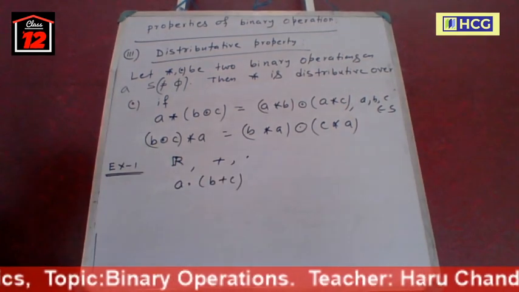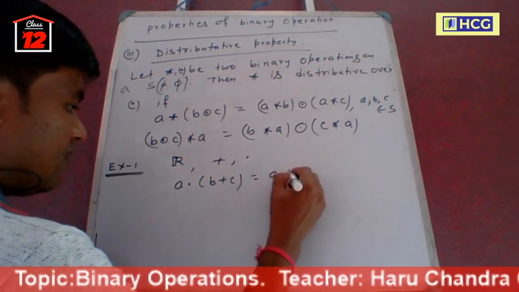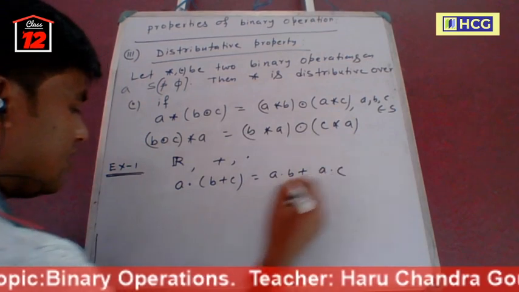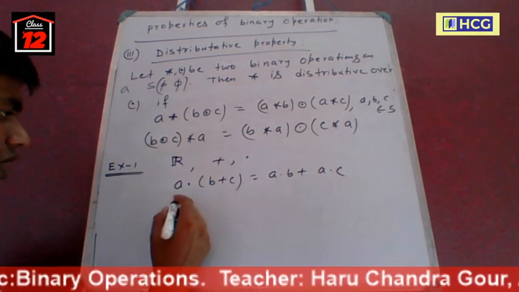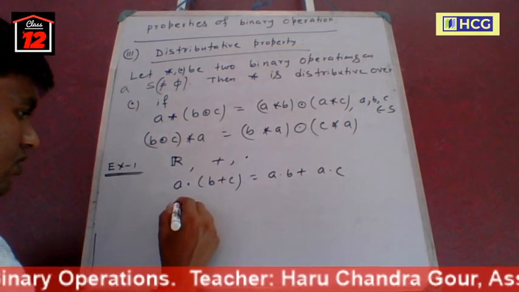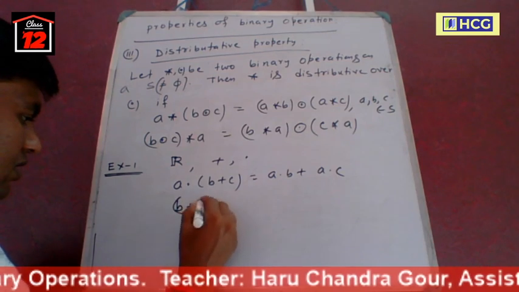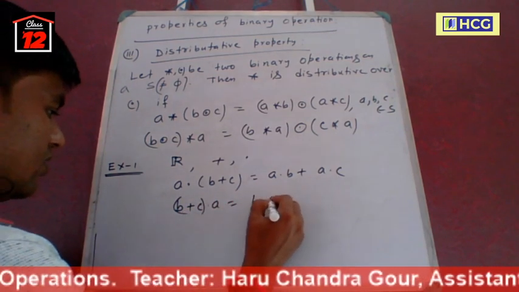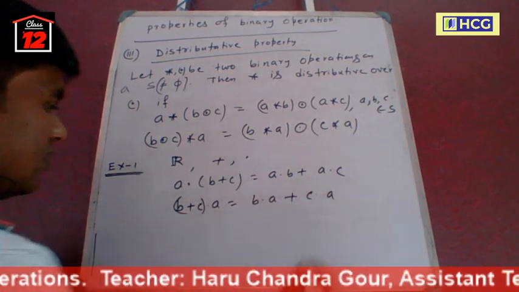We know that A dot (B plus C) is equal to A dot B plus A dot C. And also (B plus C) dot A is equal to B dot A plus C dot A.